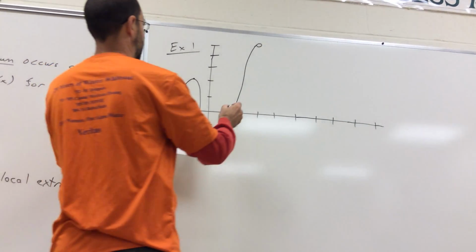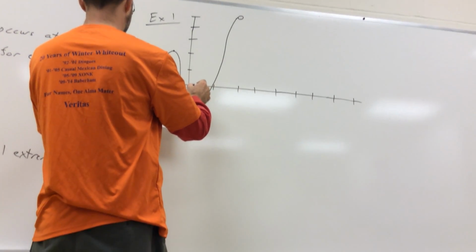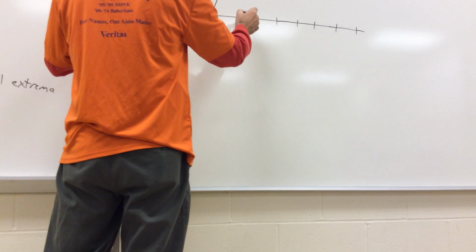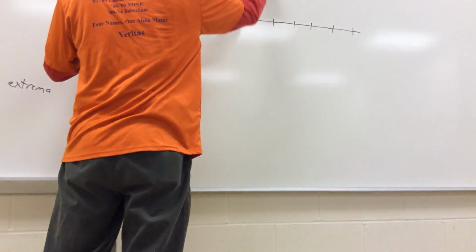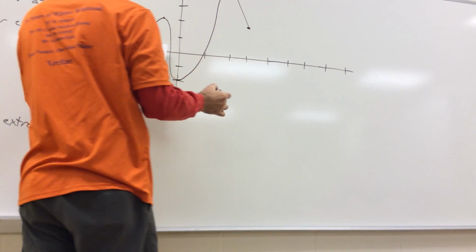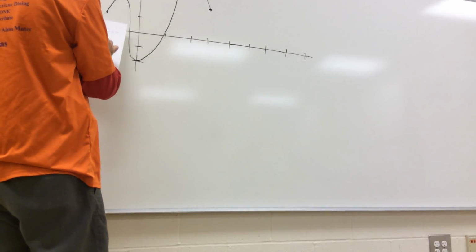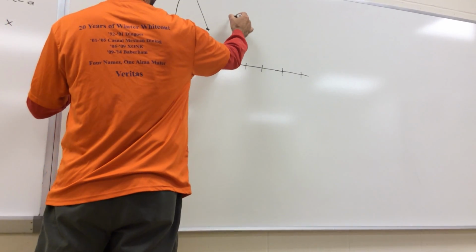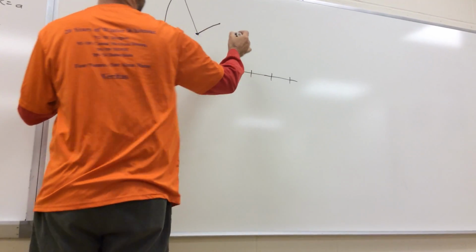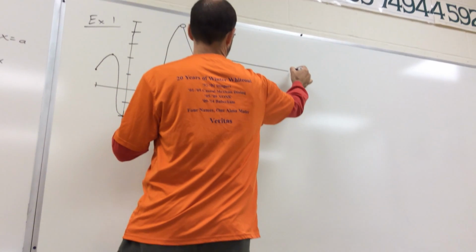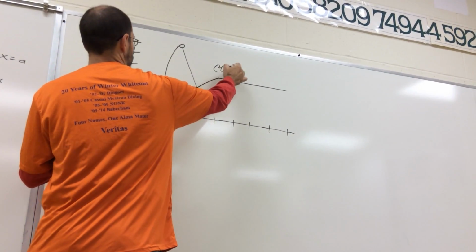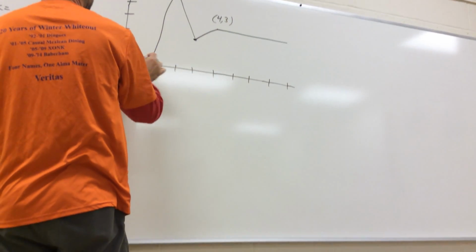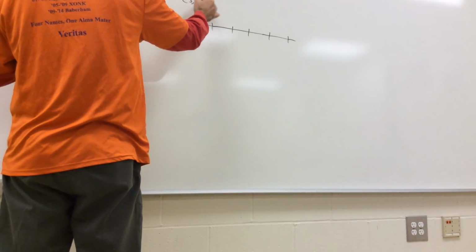And then it's going to go down to 3, 2. Then up to 4, 3. And then over from there. So that's 4, 3. This is 3, 2.